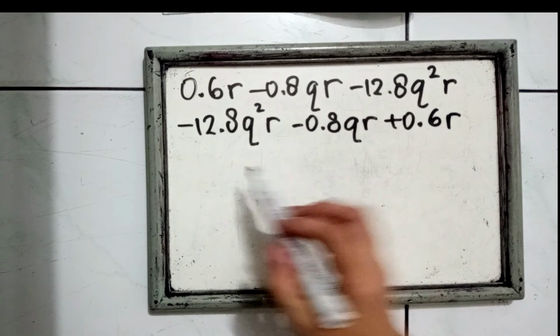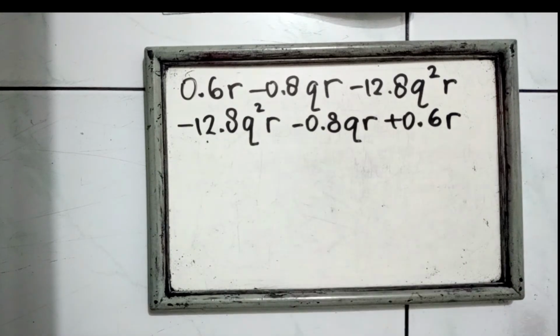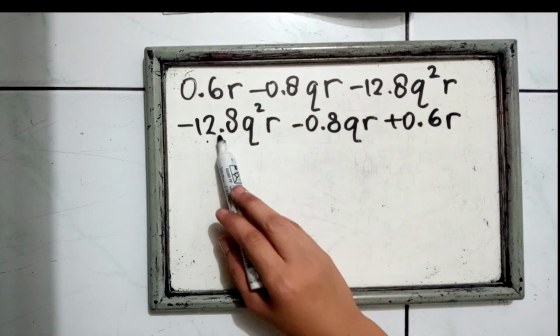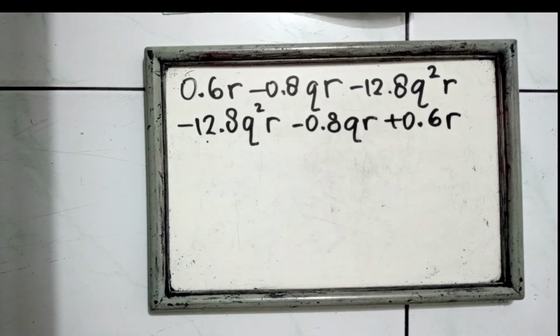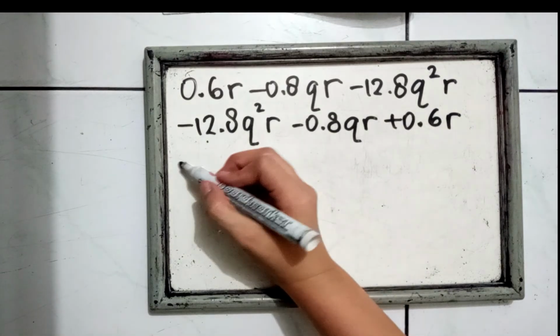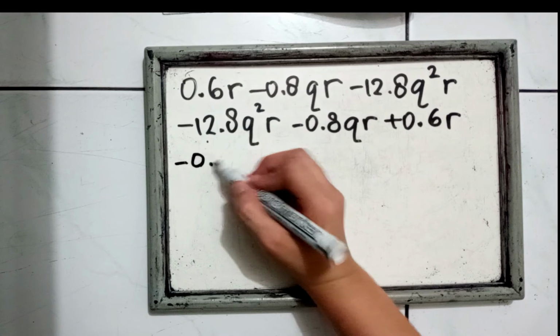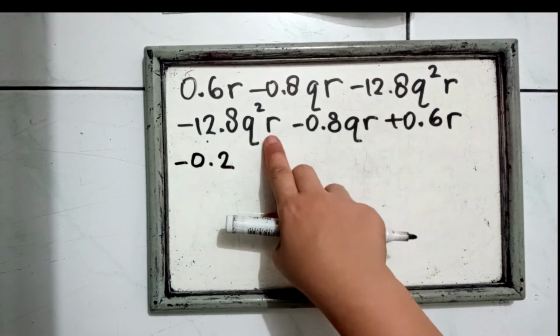Okay, so after we got this, what should we do here? Let's take away negative 12.8, negative 0.8, and 0.6. We can take the vectorization. We can take negative 0.2. And then what else?